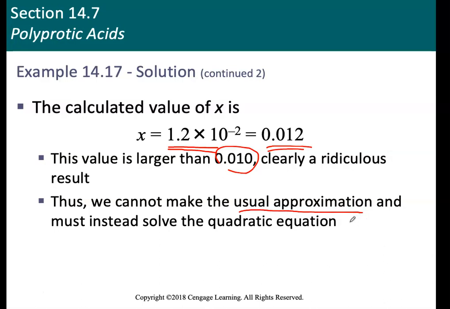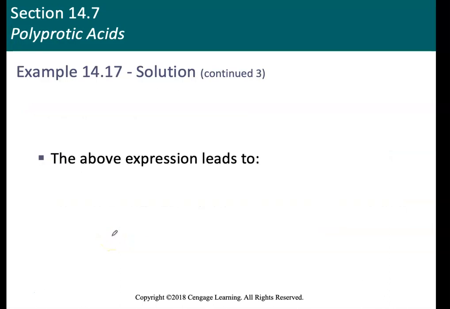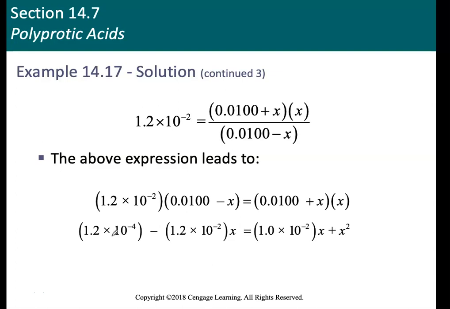So in other words, the usual approximation doesn't work. The assumption does not apply here. So what do we do? We have to solve the polynomial. In this case, it's going to be a quadratic equation, and we must follow the full solution.